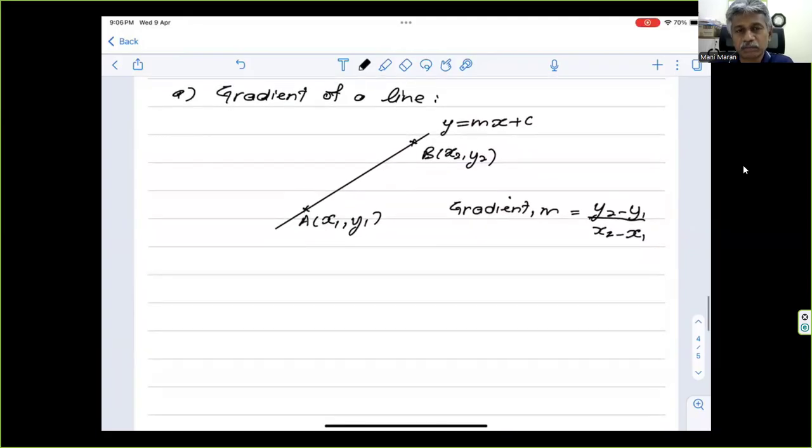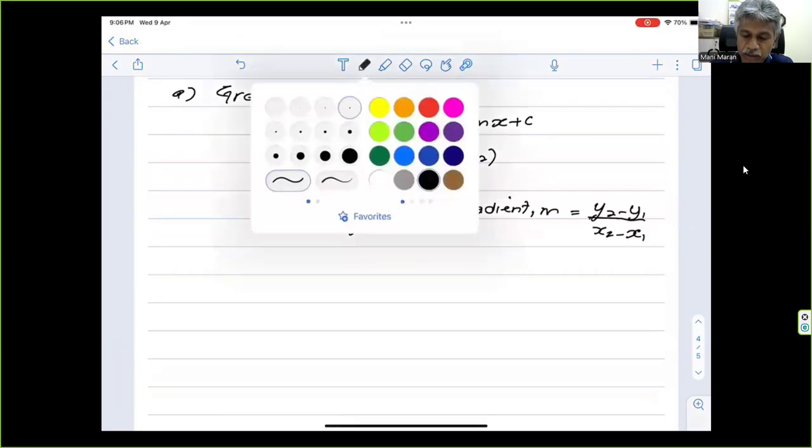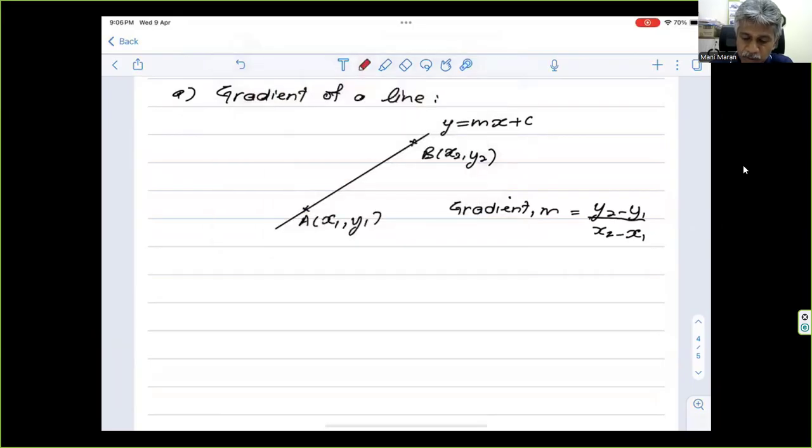This is a very quick revision, something that you already learned in Form 2. So what is y2 minus y1? y2 is at this point, the vertical height, minus y1. So this will give you the vertical height. If we draw one straight line from here to here, and then a horizontal line from here to here, these two lines make a 90-degree angle. The vertical distance from here to here will be y2 minus y1.